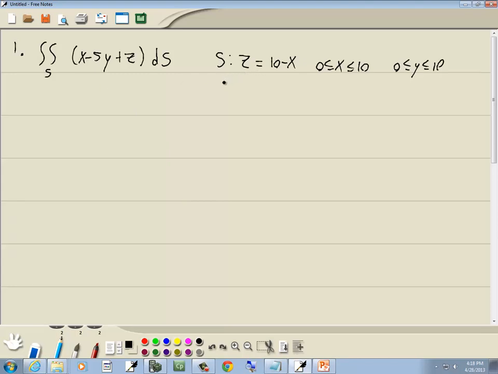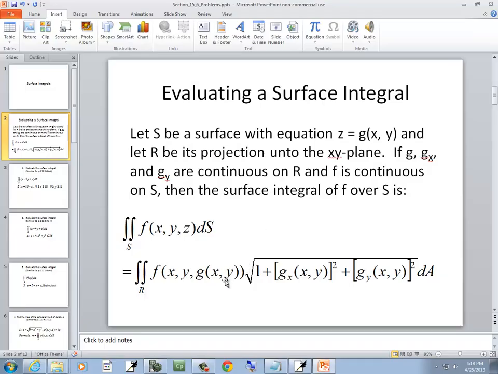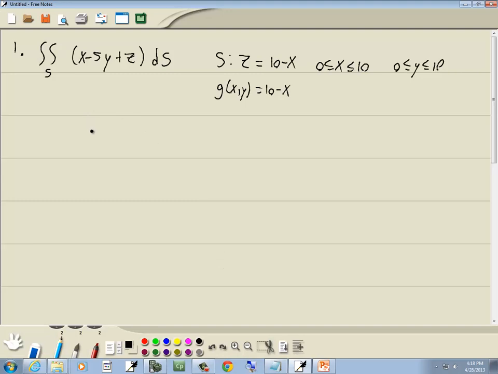Now, whenever they give you the z, that's always your g of x, y. That's this right here. So they want us to find f of x, y, g of x, y, which is going to equal f of x, y, and then g of x, y we said was 10 minus x. So we're going to plug the x in for x, the y in for y, and we'll plug in 10 minus x for the z.